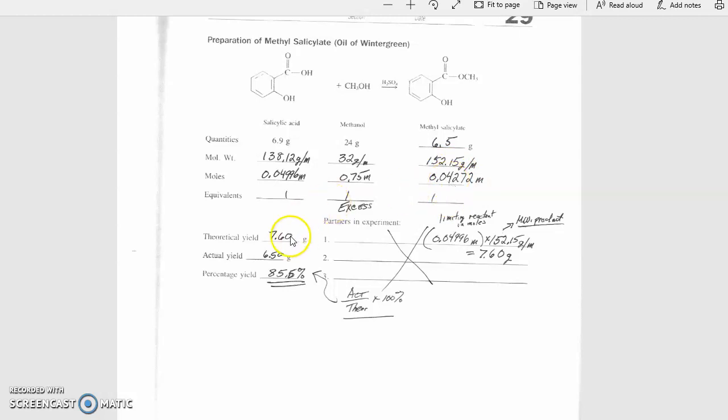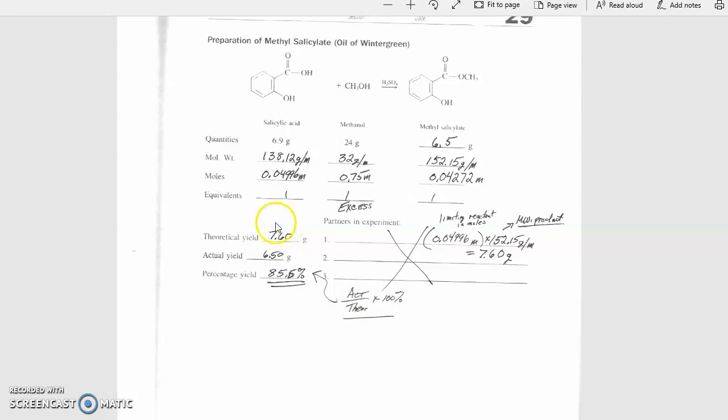So it would be this number of moles times this molecular weight that would give you this for the theoretical yield. Okay, that's your theoretical yield. Your actual, yeah, I gave that to you. But then your actual divided by theoretical times 100% gives you 85.6%.